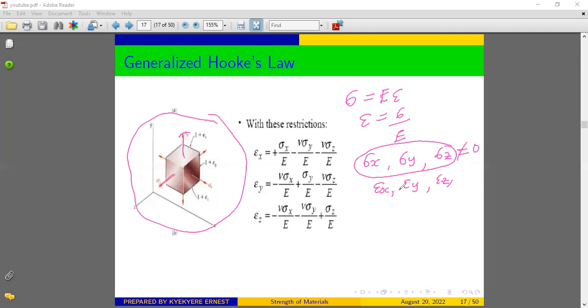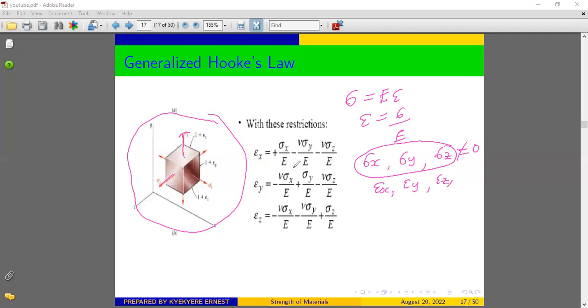However, from our previous slide, we saw that the force was applied in one direction, but that does not mean that we are not going to get strains in the other directions. And we stated that the strain in the lateral axis is related to the strain in the axial axis by the Poisson's ratio.